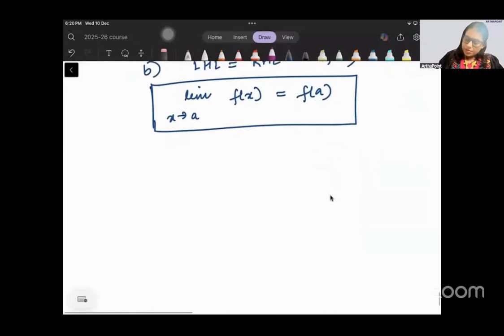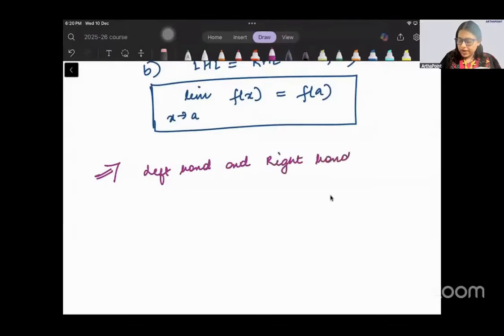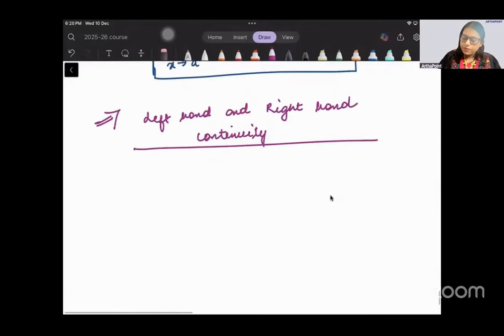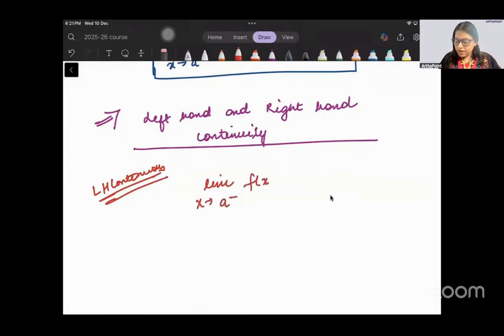Sometimes in exam, they may go ahead and they may ask you left hand and right hand continuity. So a function may be left hand continuous. सिर्फ लेफ्ट हैंड से कंटिन्यूअस होगा if limit x tends to a minus f(x) is equal to f of a.